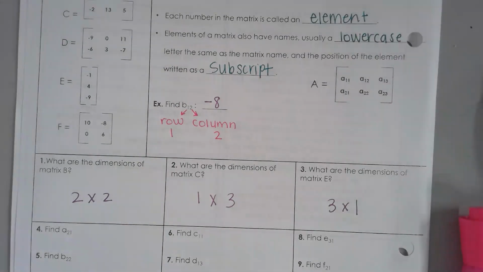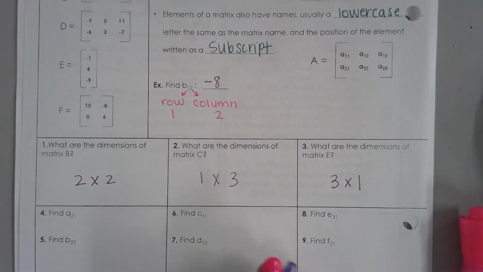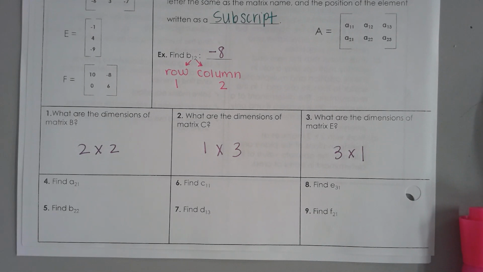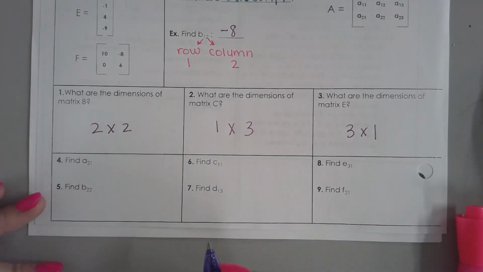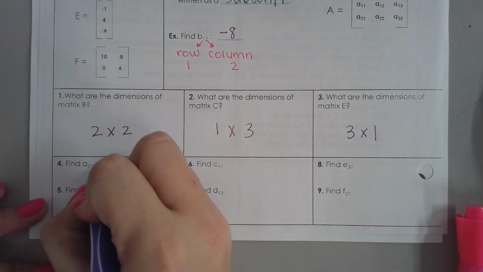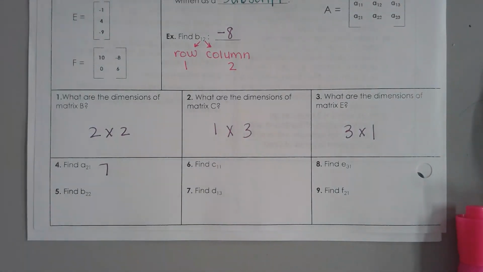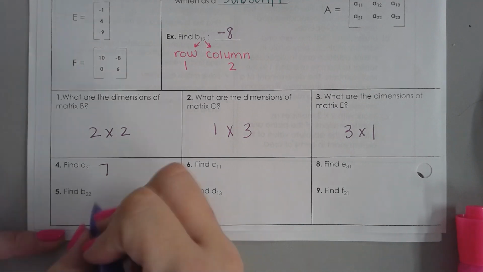Alright, the next 6 are asking about the specific elements in the matrix. So work on those. Alright, number 4, Kristen. I got 7. You are correct. Number 5, Colin. Yep.